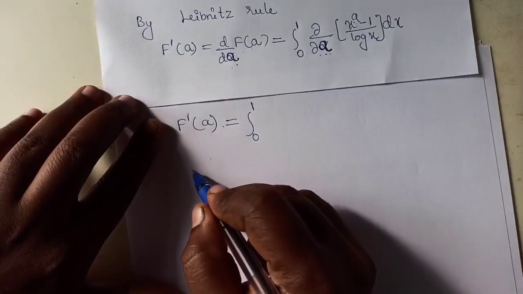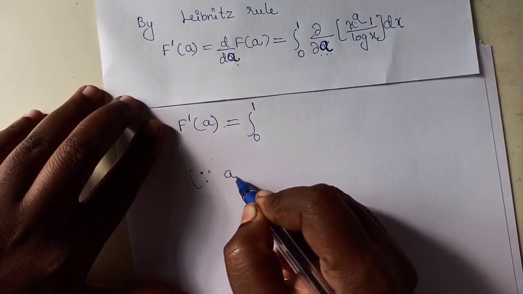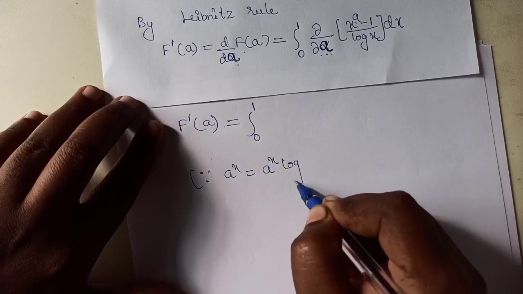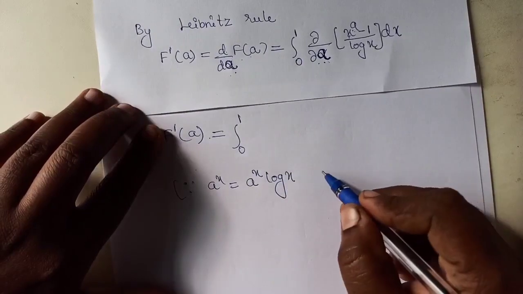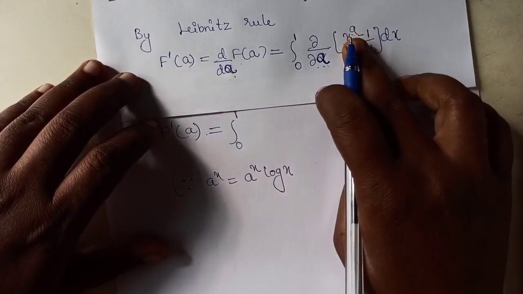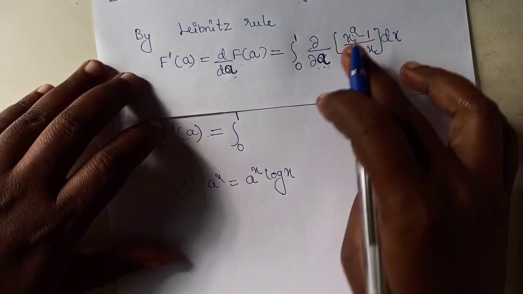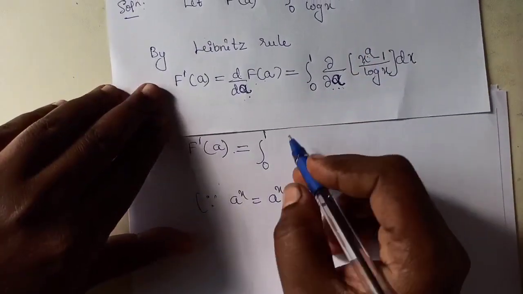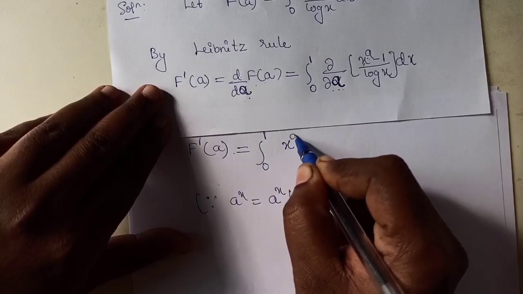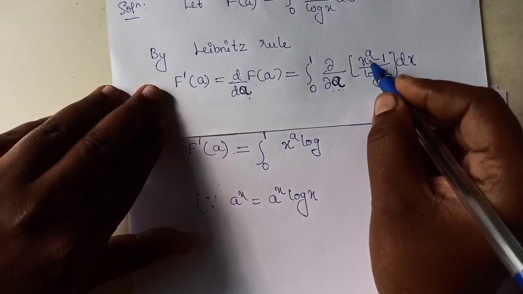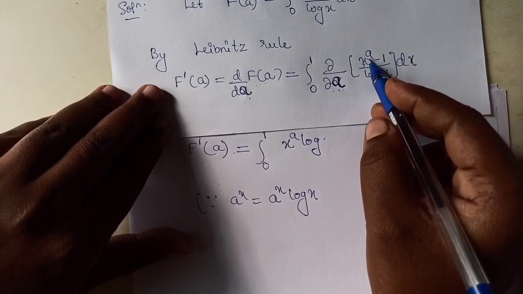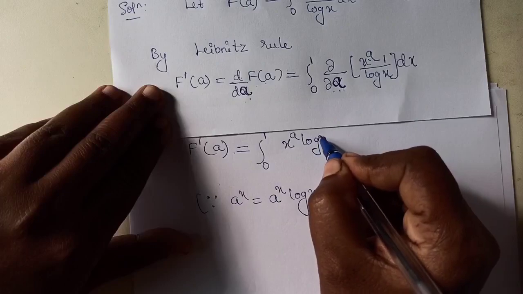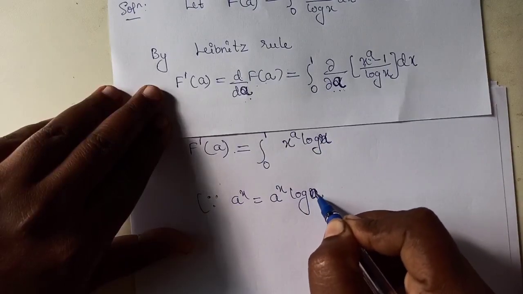We know that the differentiation of a^x is a^x into log a. Here in the place of a we have x, and in the place of x we have a. So the differentiation of x^a is x^a into log x, sorry, this is log x, this is log a.